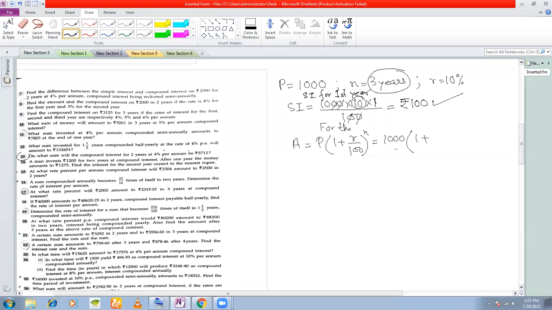Now let's see if I use the compound interest formula at the end of the first year, how much do I get? 1,000 into 1 plus R by 100 to the power of 1, because I'm only calculating for the first year. So this will cancel, and I'll get 11 by 10.